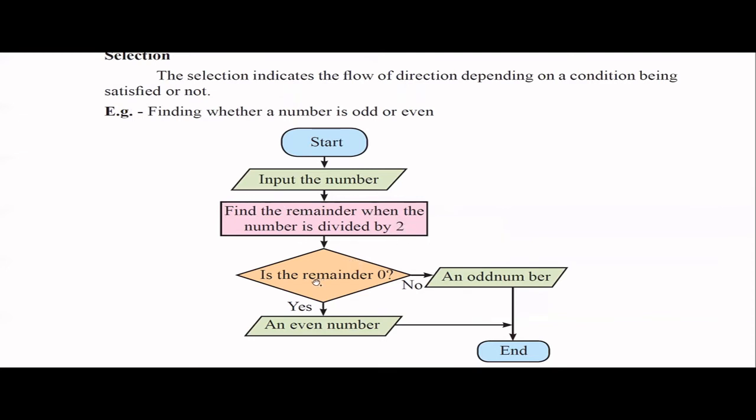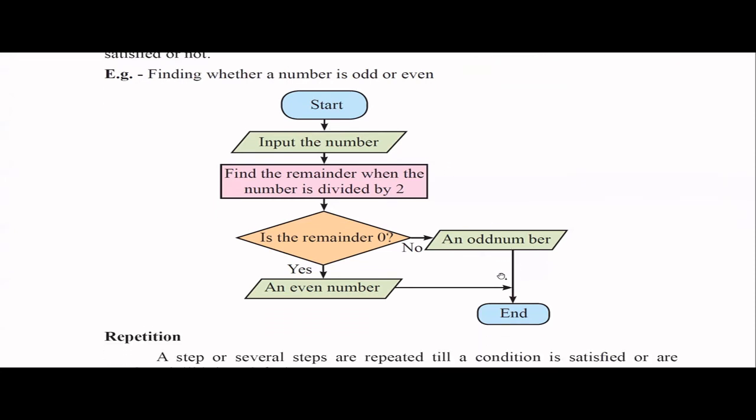And then you have a selection, a condition: if the remainder is 0, that means nothing is left, so it's an even number. I told you there are two branches, yes and no. If the condition is yes, it's an even number. If it is the no scenario, the remainder is 1, which means it's an odd number. Hope you understood. Start and end will be there.